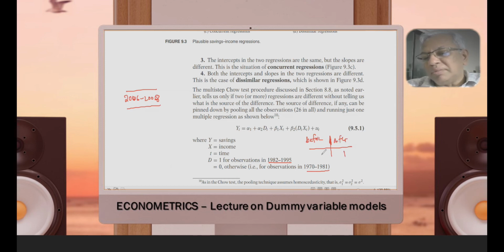So after is one, before is zero. So you can use a dummy to explain whether the Ukraine war, for example, has statistically created differences in the economic growth rate of countries or inflation model. So one thing is observing from the sample data, another is whether it is true at the population. And that is when we use dummy variables.